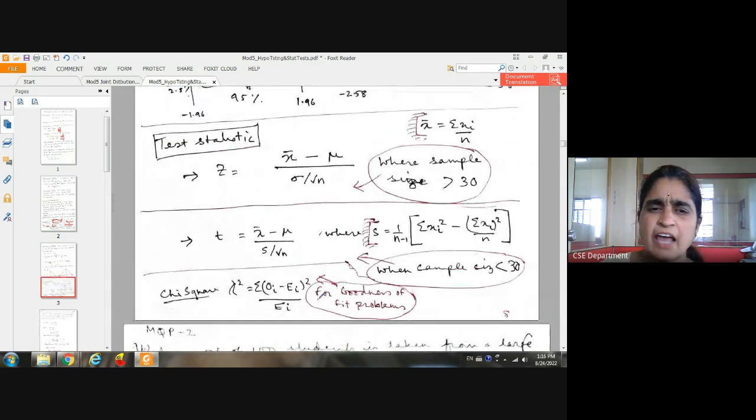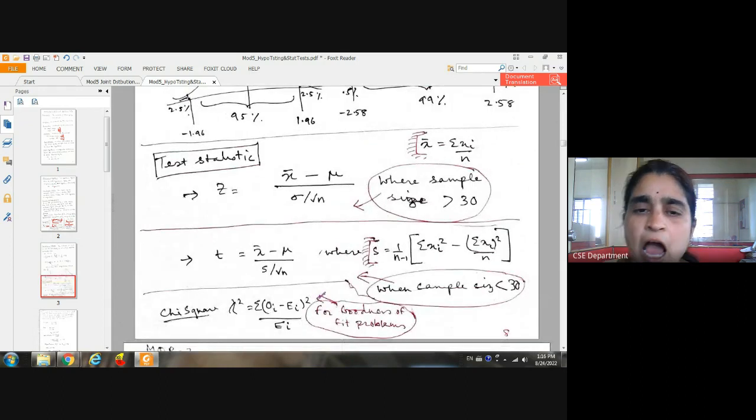So we will stop this lecture here. How to apply these 3 formulas to solve the problems, we will do in the next class. So what are these tests for? The concept is, we will do some magic here and decide whether to accept the hypothesis or reject the hypothesis. They have given one value in the problem.